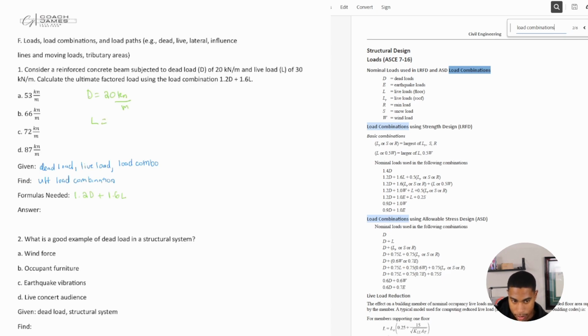My live load is equal to 30 kilonewtons per meter. And so I'll do 1.2 times 20 kilonewtons per meter plus 1.6 times 30 kilonewtons per meter. And that's going to give me my ultimate load, which when I plug this in, I get 72 kilonewtons per meter. And so I get C.